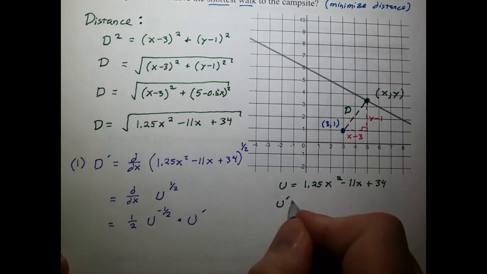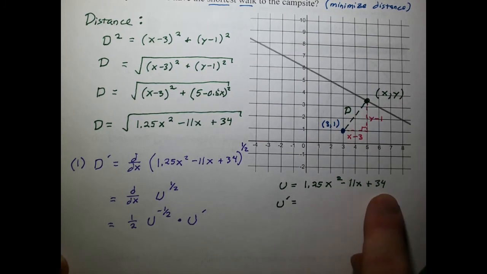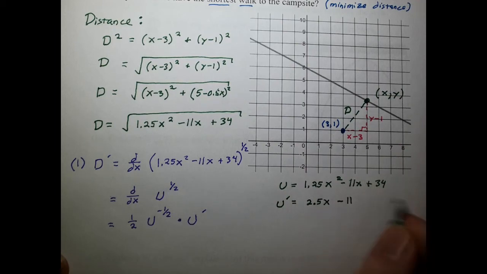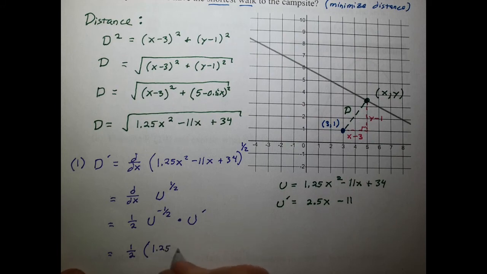So I need to know what u prime is. And the derivative of this is luckily pretty easy to do. This will be 2.5x minus 11 plus 0. So this will be 1/2 times 1.25 x squared minus 11x plus 34 to the negative 1/2 times 2.5x minus 11.